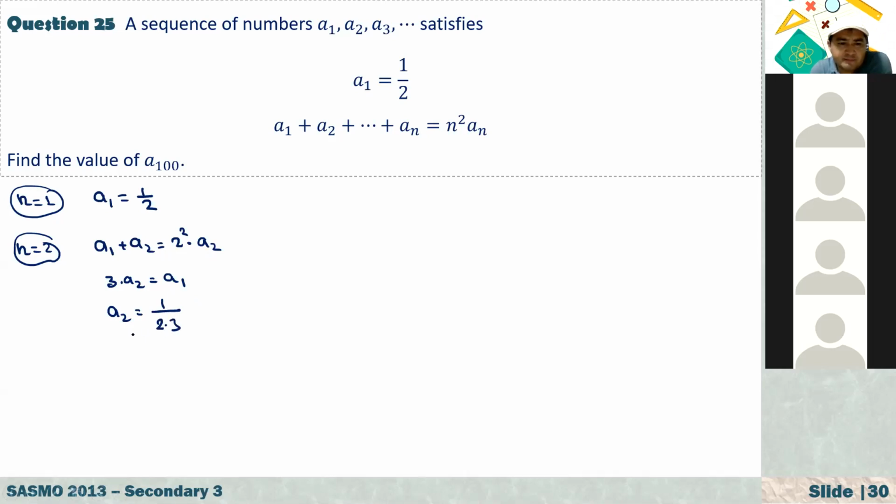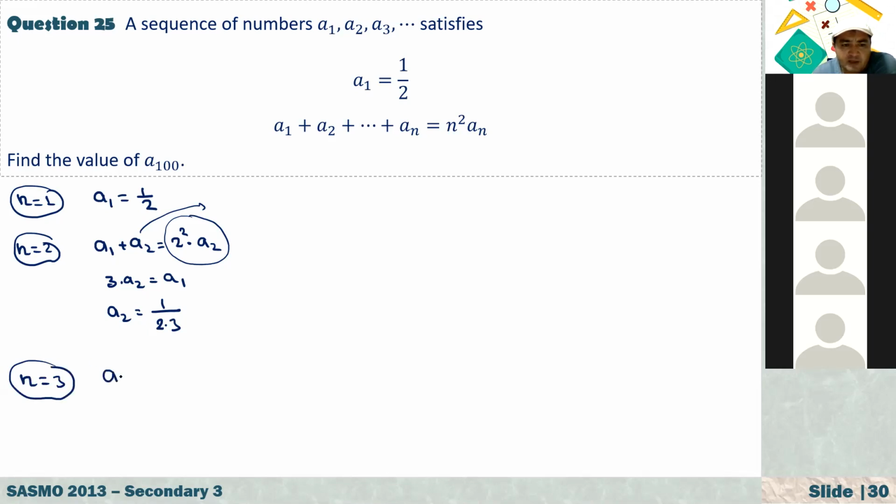Teacher, no, because when you add it, it has to be 4 times a2, right? Yes. So take a2 to the right hand side, 4a2 minus 1a2 is 3a2. Divide both sides by 3, so a2 equals 1 over 2 times 3. Now how about if n is equal to 3?